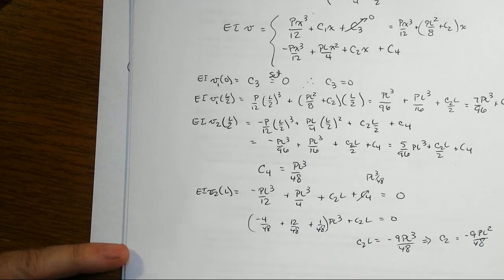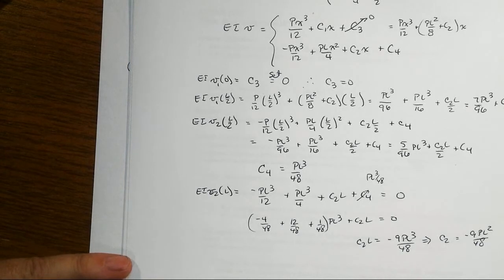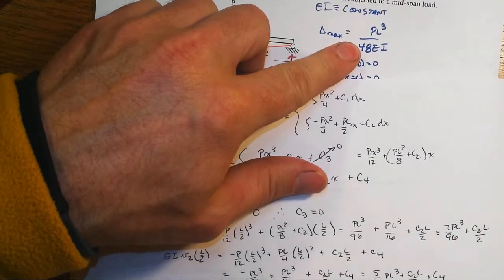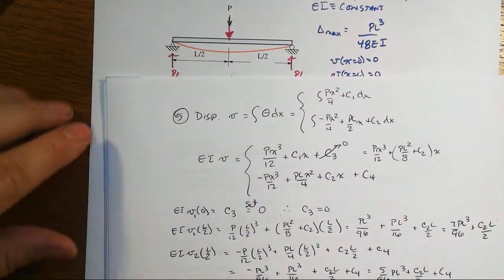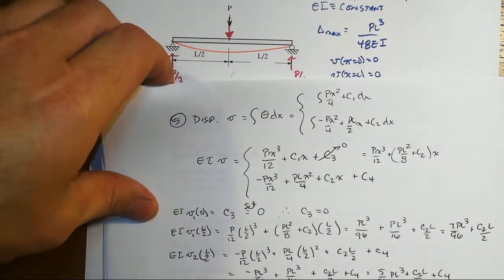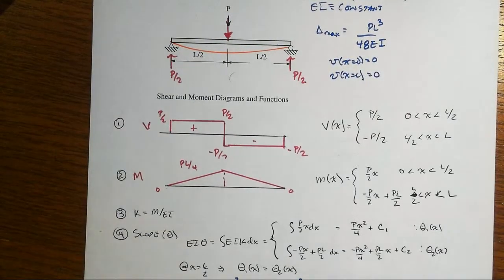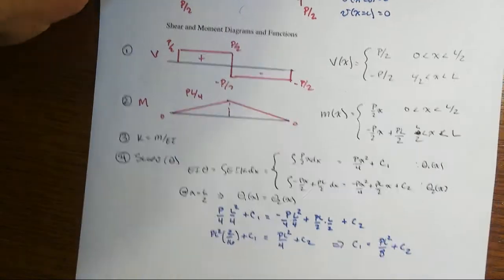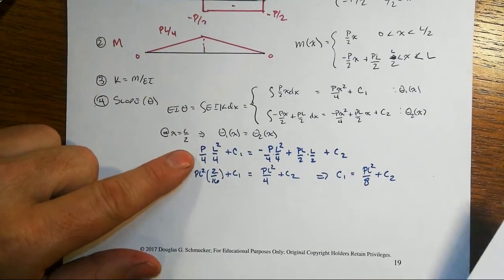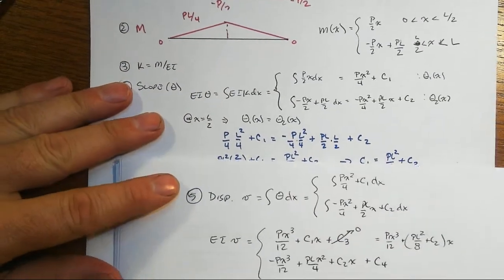Interesting. So now let's see if this really works out. I said that delta max was PL cubed over 48 EI, that it happens at the middle. Of course, we're going to go back and substitute into our slope expression and see if we really get zero slope at L over 2.